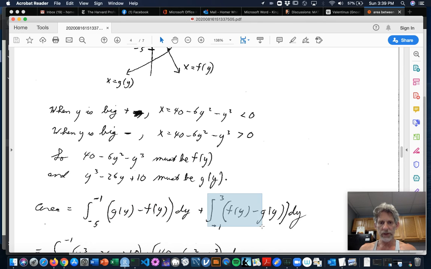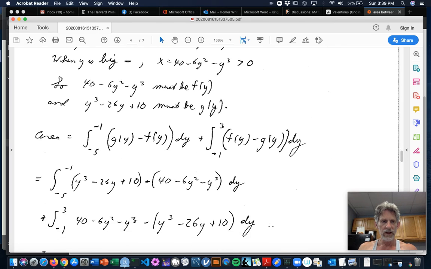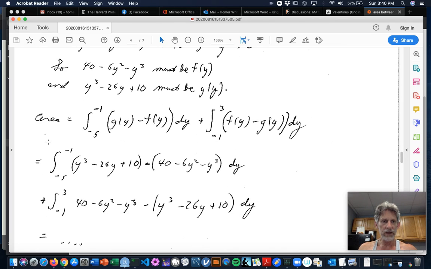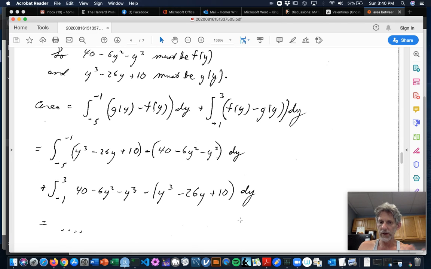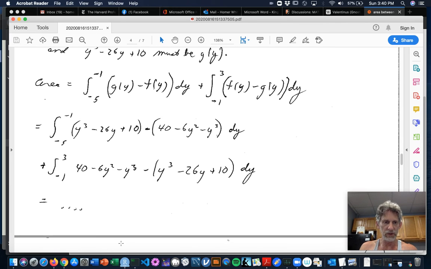But from y is -1 to 3, it's the f that's the x right and the g that is the x left. And so writing in what things are, you've got this complicated stuff that would not be hard to simplify and integrate, and if you needed to you could simplify to some simple solution, but I won't be bothered.